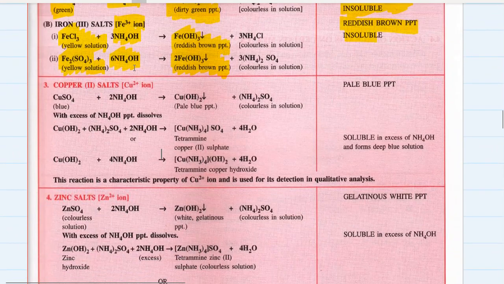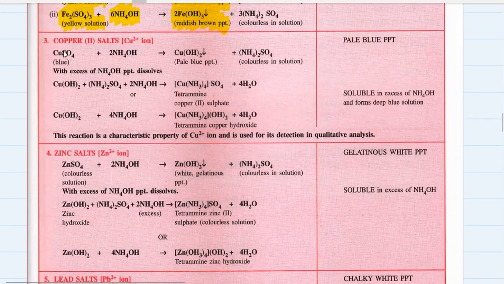Suppose you've got copper salt and you add ammonium hydroxide to it. Copper salts are generally blue in color. When alkali is added dropwise, a pale blue PPT of copper hydroxide is formed. This pale blue PPT is soluble in excess of ammonium hydroxide and forms a deep blue solution of tetraamine copper sulfate.